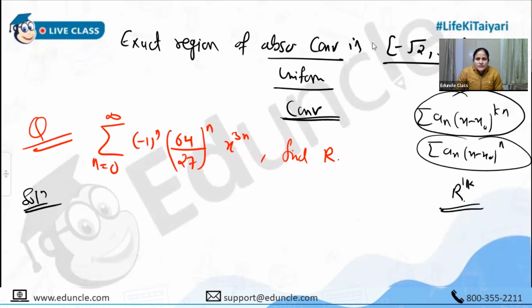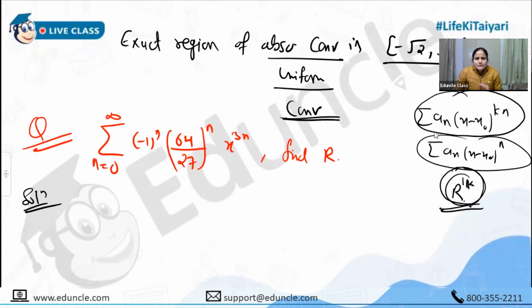Remember this result we have taken, na? We took this result. But beta, this result will work whenever you are finding the radius by using the ratio formula. But if you are doing it by the root formula, then no need to take this power.